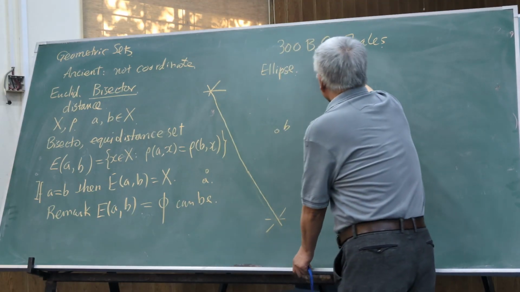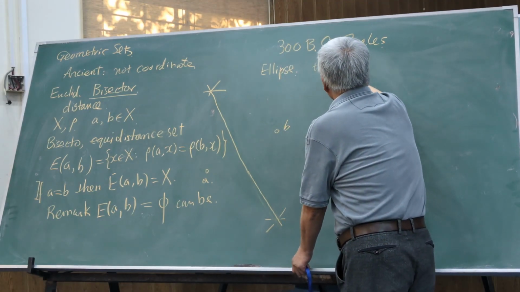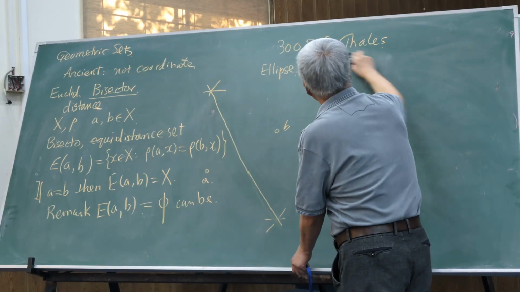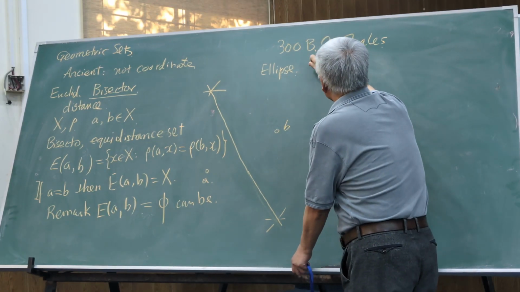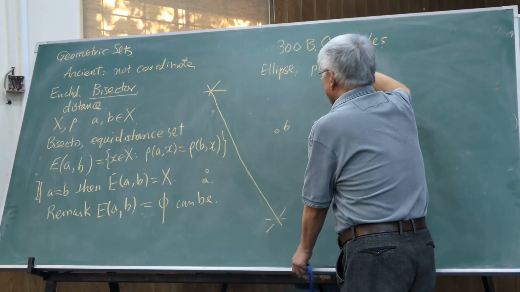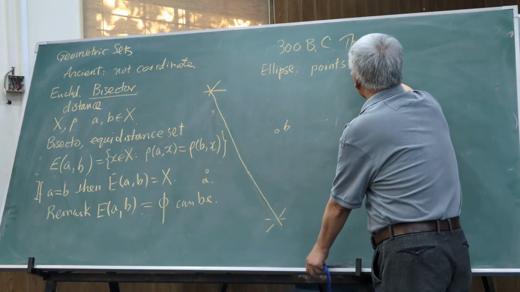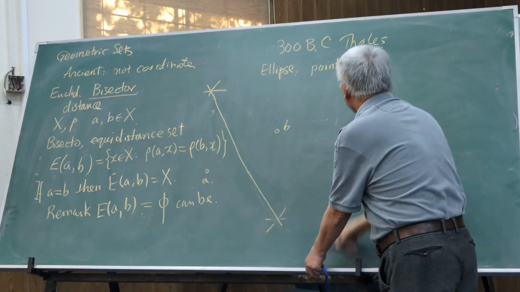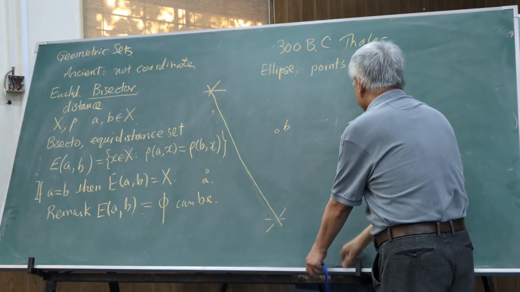Take two points and fix their sum. In the Euclidean plane, always, all those points the sum of whose distances to two fixed points is constant.